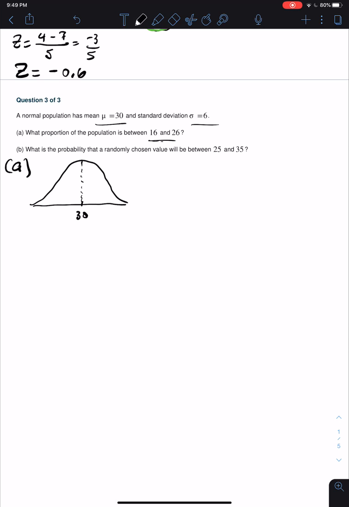Well, 26 is not even up to the mean, so 16 maybe goes here. And 26 is getting close to 30, which is hard to draw when I'm trying to conserve space, but let's go like that, 26 right there. So the shaded band in between is the region we're looking for.